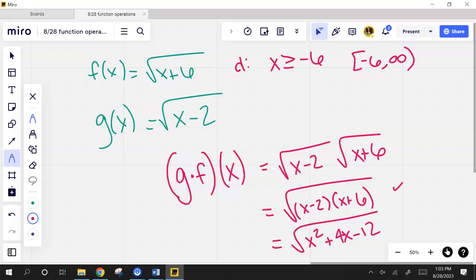It can be 0 as long as it's not in the bottom of a fraction. X minus 2 has got to be greater than or equal to 0.